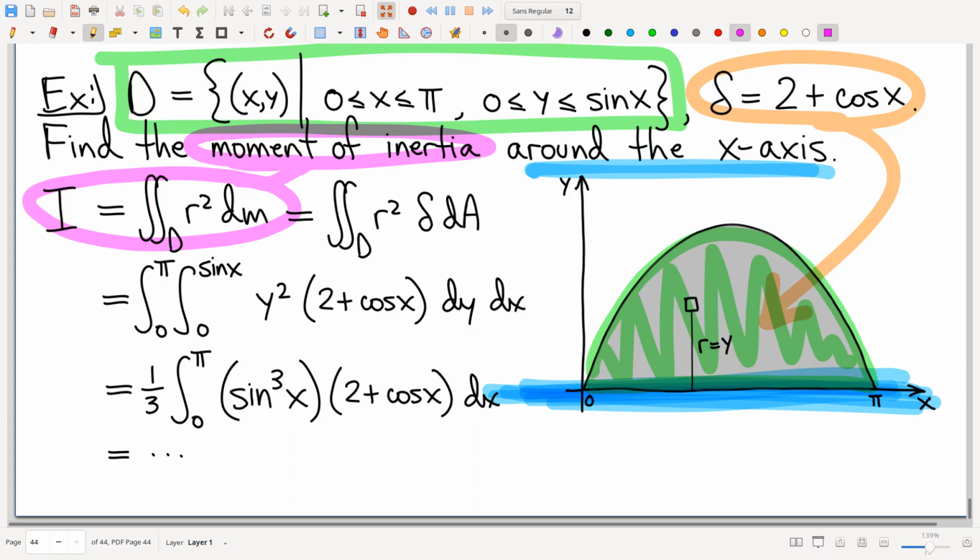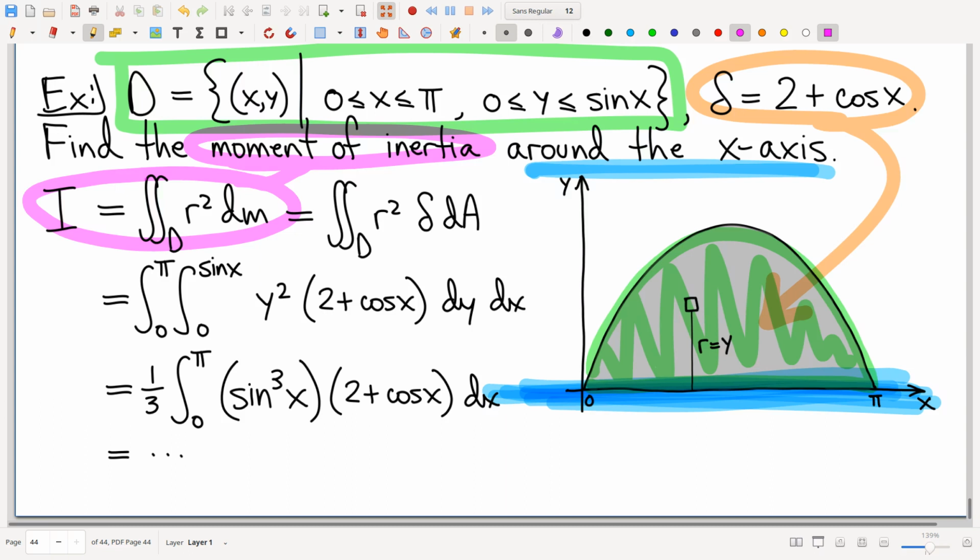Integral appropriate to the nature of your domain. Here I have a two-dimensional domain, so this is a double integral. dm, again, meaning density times size. Size appropriate to our context. Here, dm is density times dA.